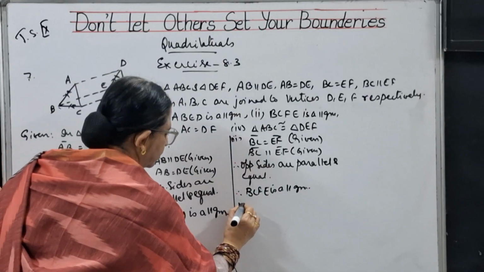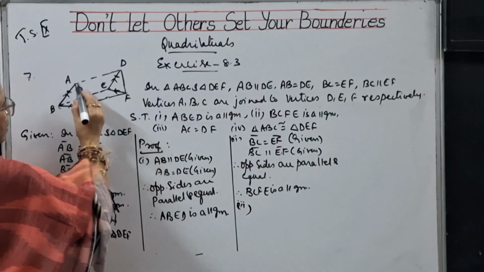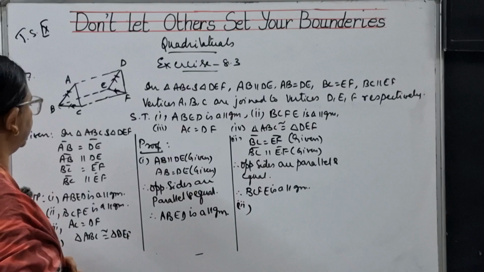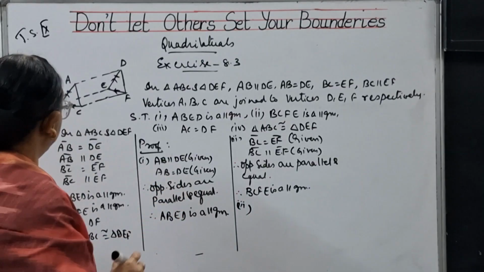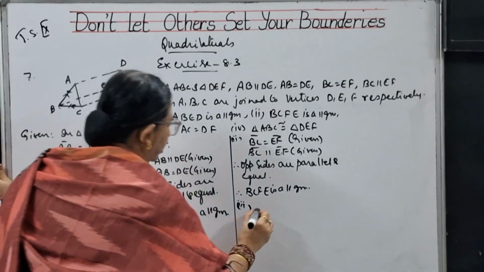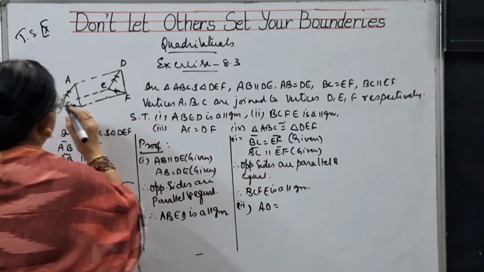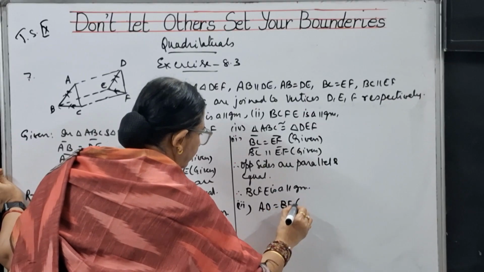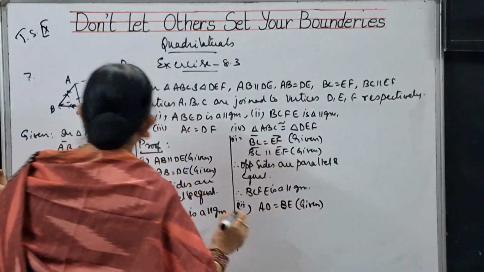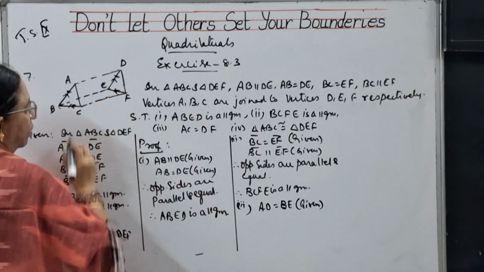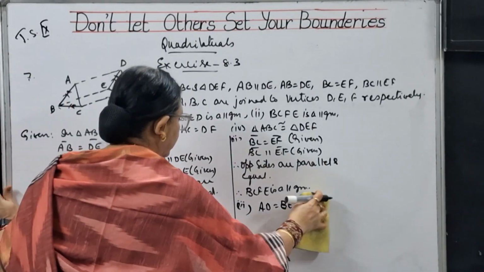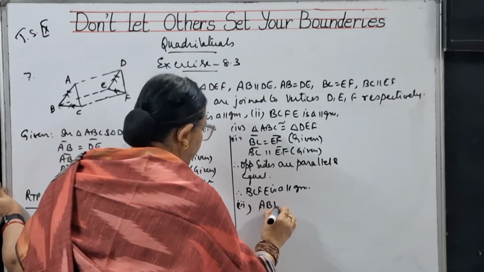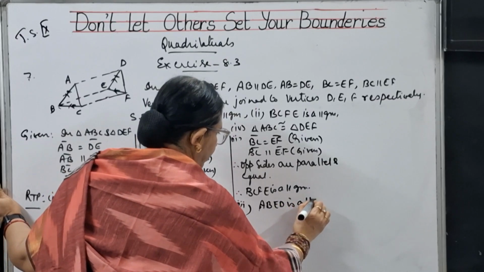Now third bit, we need to prove that AC is equal to DF. To prove that, first let me take these two parallelograms. We know that AD is equal to BE, this is given to us. ABED is a parallelogram.